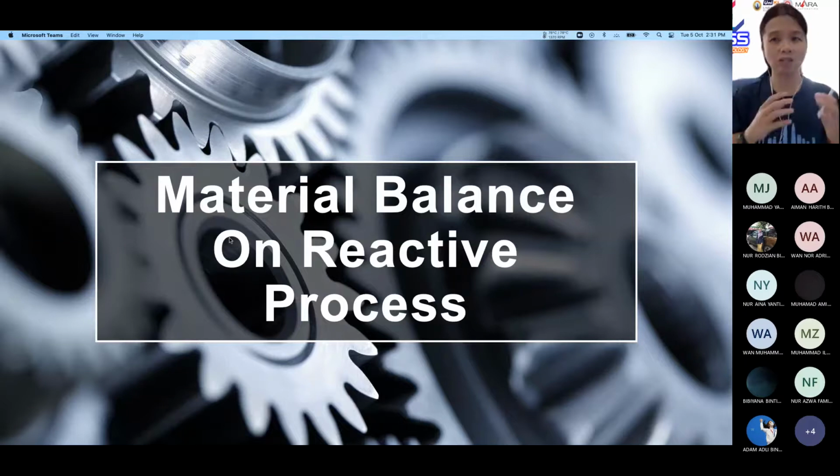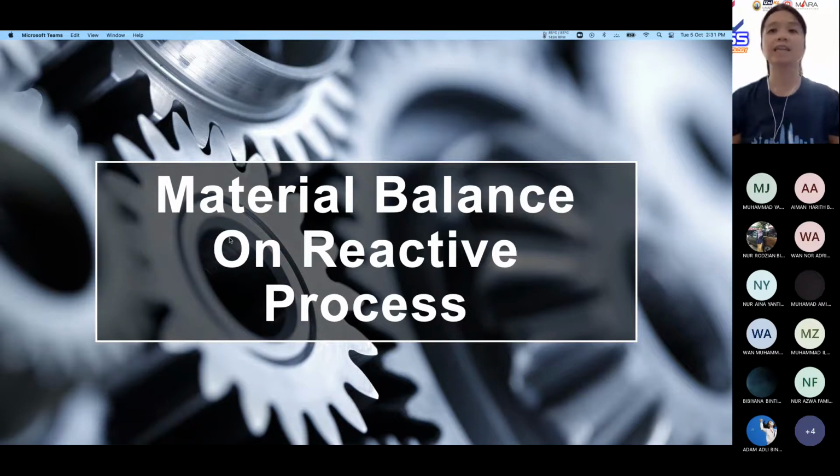Even though it's auxiliary equipment, you will still need to do the balance for it, because you need to have all the mass balance information for all the streams in your PFD. If you have 30 streams, for all 30 streams we need to know the molar flow rate for each compound, the total molar flow rate, and the composition as well.